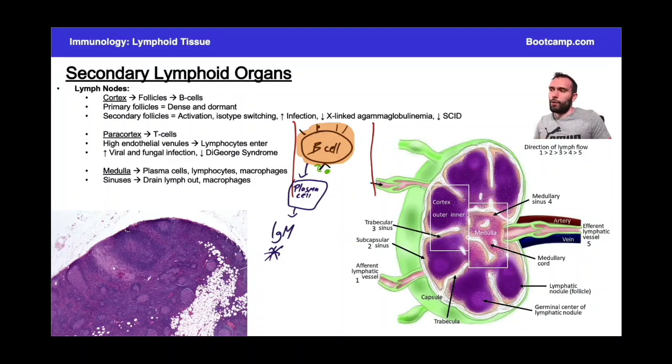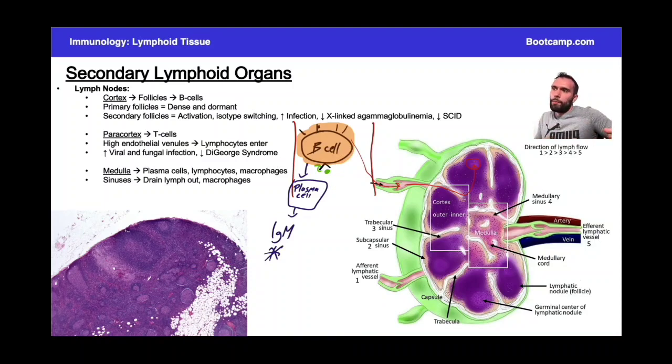So that's one thing. But what the majority of B cells will do is they'll end up going to the lymph node. And since this is an activated B cell, once it gets to the lymph node, it's going to start forming germinal centers. Now, you can imagine, like I said, there's this pale area here. That's going to be the activated B cells. And the activated ones are kind of pushing all the dormant B cells out of the way.